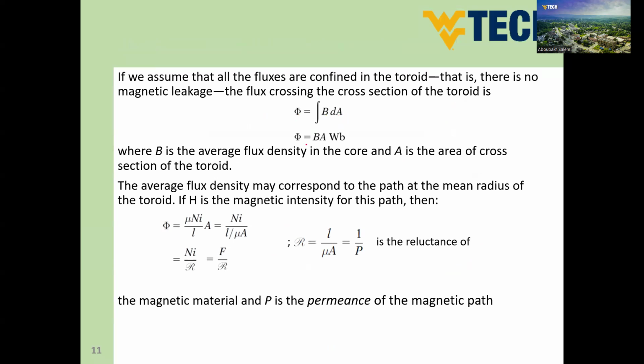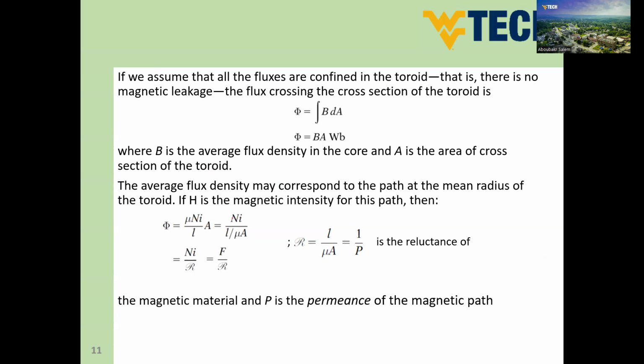Now, if you would like to get phi, we can say phi equals B times A. Let's multiply the B we got in the previous slide times the area, so phi equals mu times N times I divided by L times A, the cross-section area.